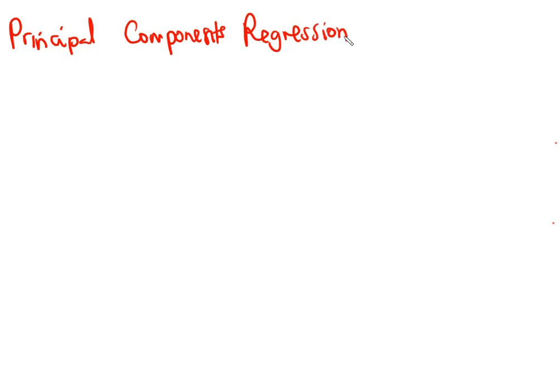So let's do that. In this video, we are going to discuss quickly the principal components regression approach. What we were discussing previously was how to get the z's themselves, z1, z2, z3, etc. up to zm, which are our principal components.